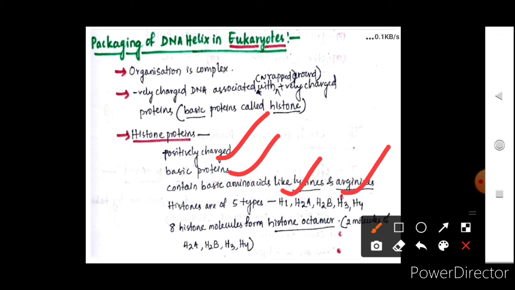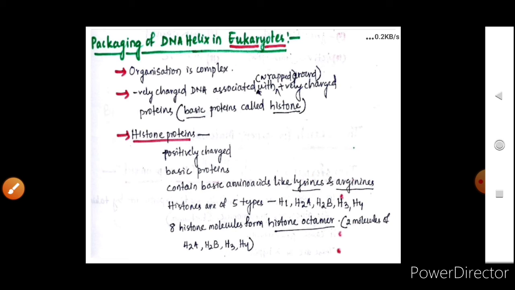Now histones are of 5 types: H1, H2A, H2B, H3 and H4. Remember that histones are of 5 types: H1, H2A, H2B, H3 and H4, and the 8 molecules in the nucleosome, which form the histone octamer, are 2 molecules of H2A, 2 molecules of H2B, 2 molecules of H3 and 2 molecules of H4.